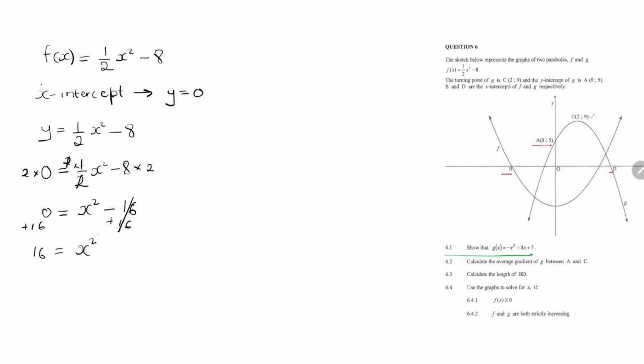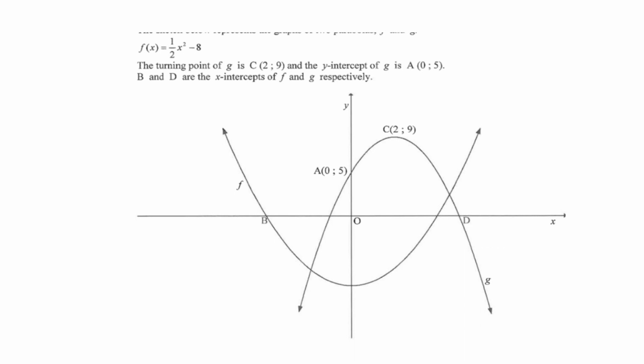To get rid of the square, we find the square root on both sides, and here we will have x equal to the square root of 16, which is plus or minus 4.